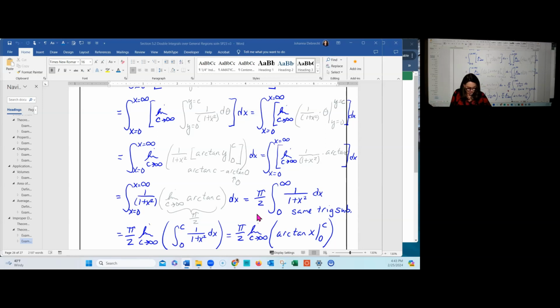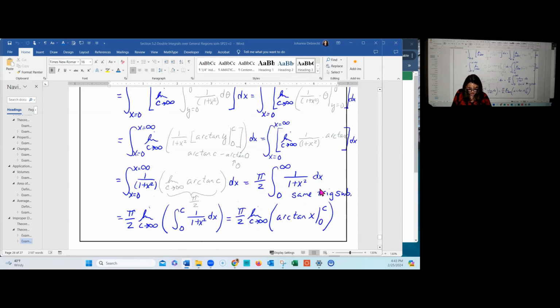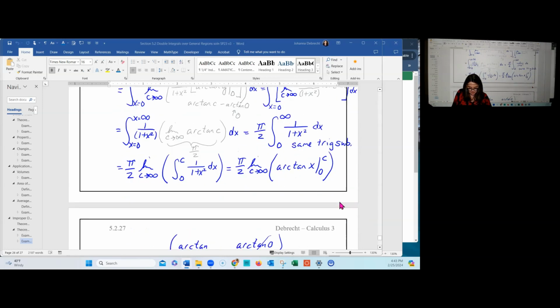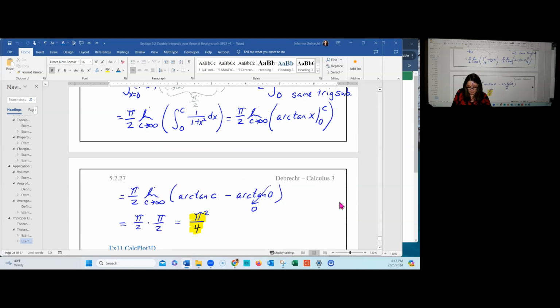You can use the same trig substitution and get pi over 2 times the limit as c goes to infinity of the arctangent of x evaluated between 0 and c. The angle whose tangent gives us infinity is pi over 2, and the angle whose tangent is 0 is 0. This gives us pi over 2 times pi over 2, or pi squared over 4.